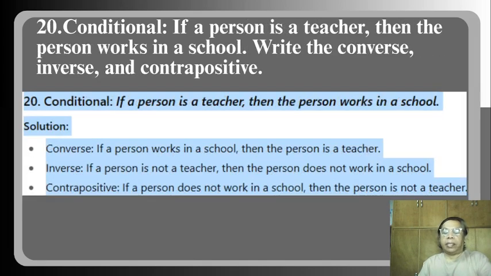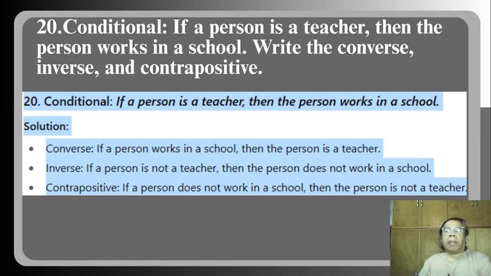Number 20. Conditional: if a person is a teacher, then the person works in a school. The converse: if a person works in a school, then the person is a teacher.